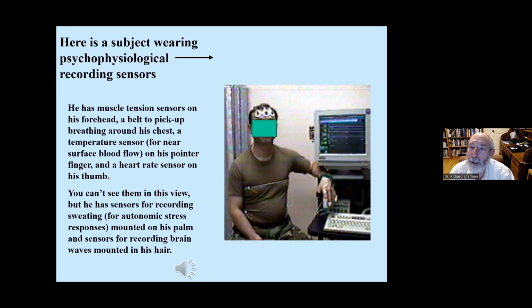So if we find that somebody is breathing incorrectly and we retrain them to breathe correctly, for almost everybody, the non-cardiac chest pain goes away. We can record from somebody's forehead.